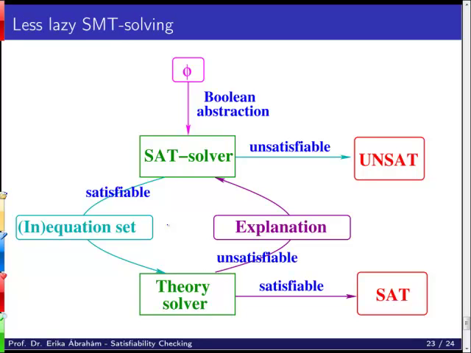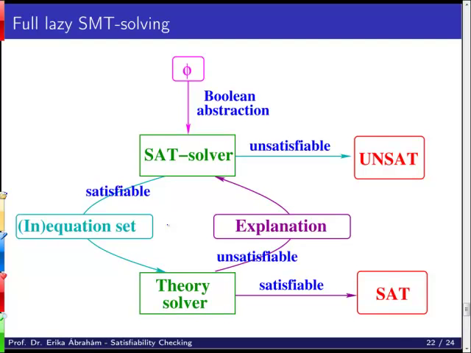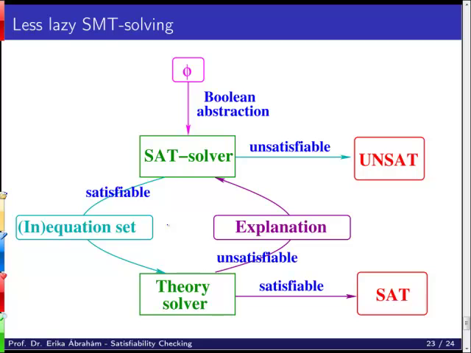Now the change to the last slide is this less lazy. Before, we had full lazy SMT solving, and now we have less lazy SMT solving. What is the difference? In full lazy SMT solving, we always found a full Boolean solution for the Boolean skeleton. However, this may lead to a long search.